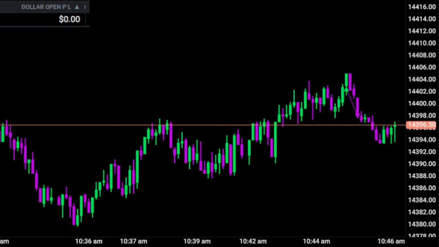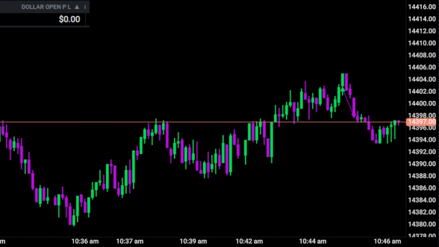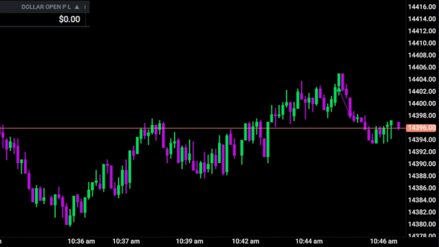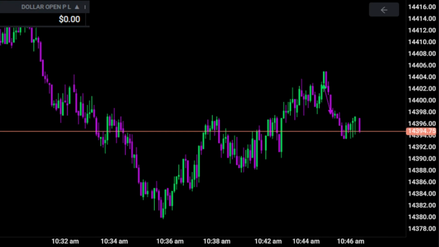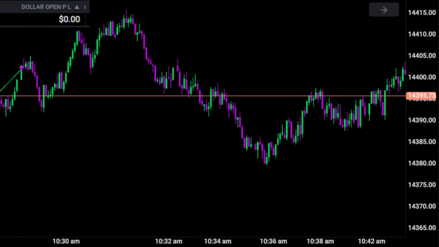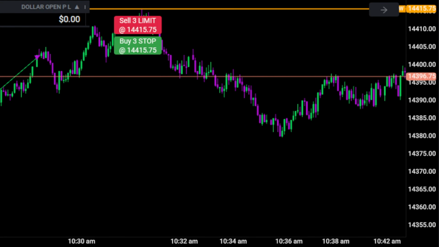Okay, it's seen some resiliency here, not really pushing much further down. I like that in terms of eventually looking to go long. Like I said, my target right now is somewhere above here. If we can get that, that would be what I'm looking for.